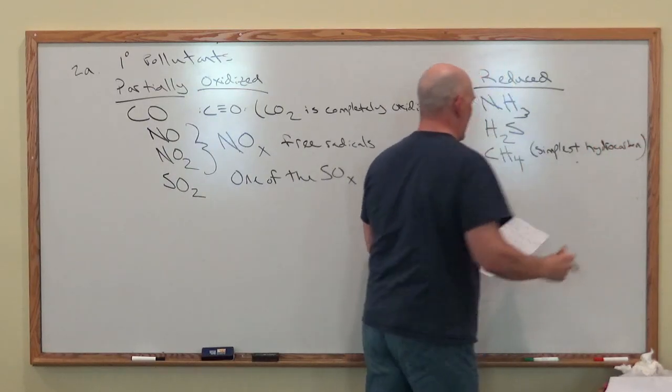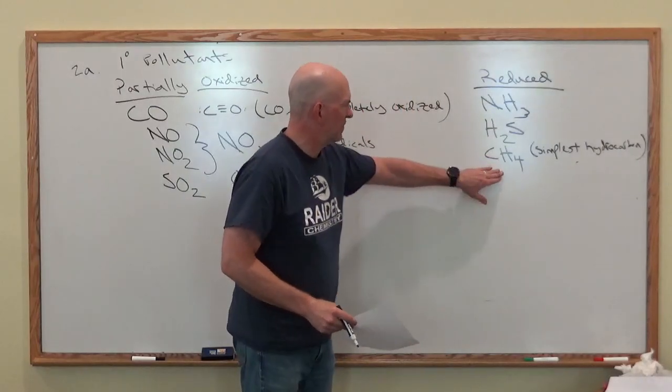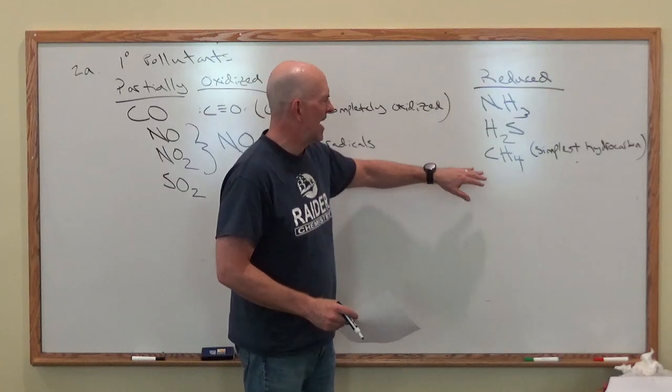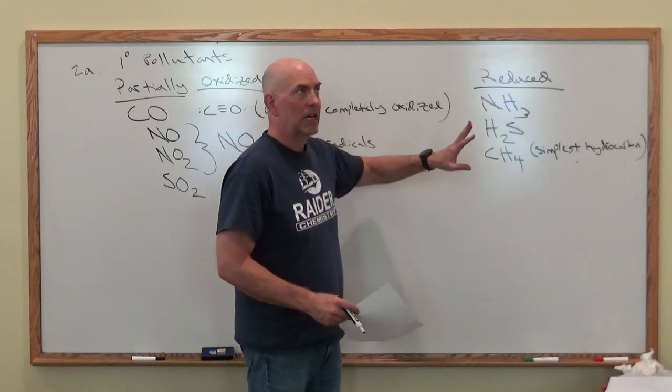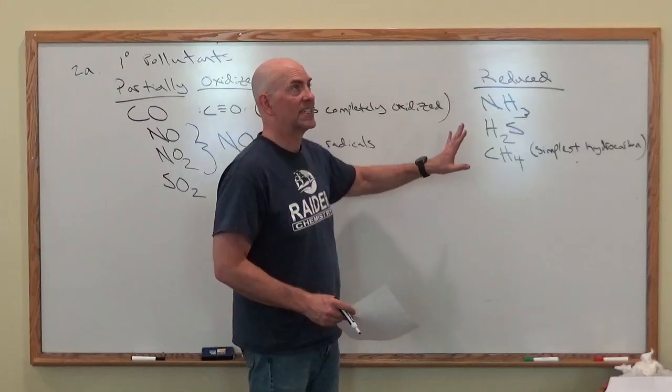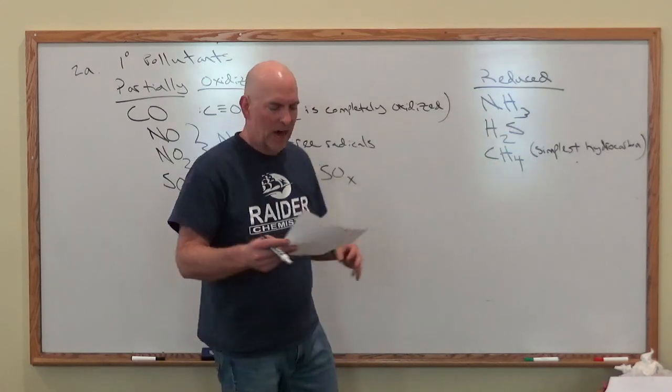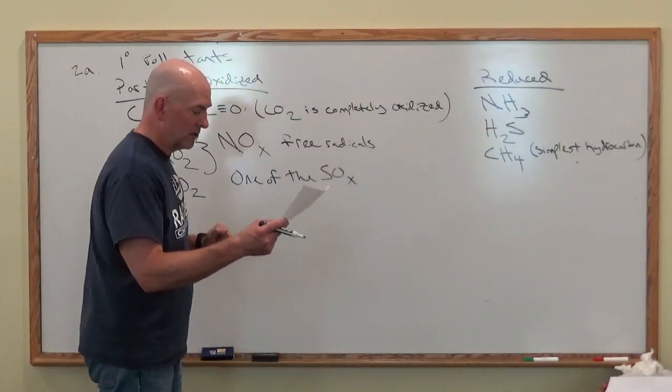Now, if you have organic chemistry, methane is CH4, ethane is C2H6, propane is C3H8, butane is C4H10. So this is the simplest version, and we can extend that out into other hydrocarbons as well.